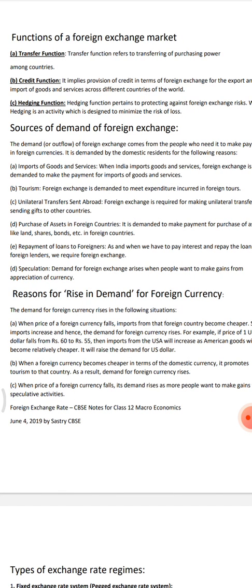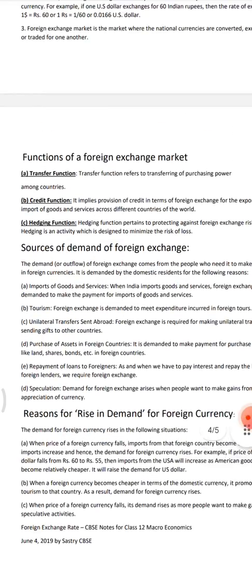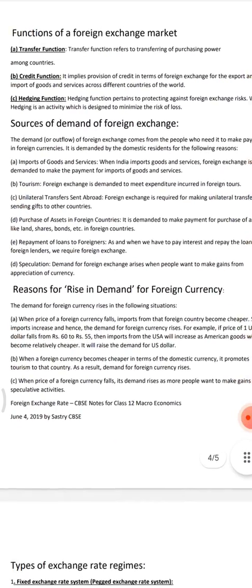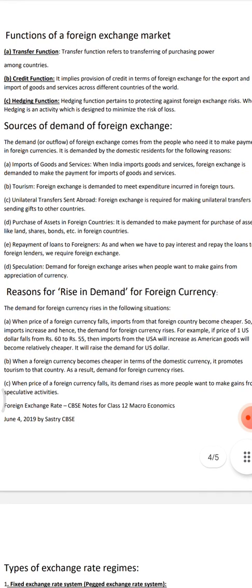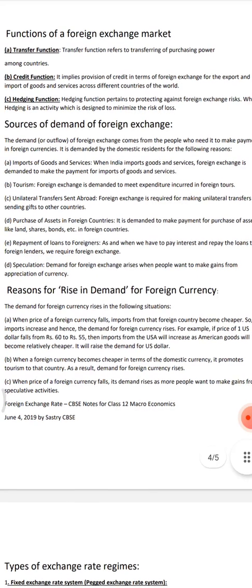Now, the reasons for rising demand for foreign currency. The demand for foreign currency rises in the following situations. The first one is when the price of a foreign currency falls.